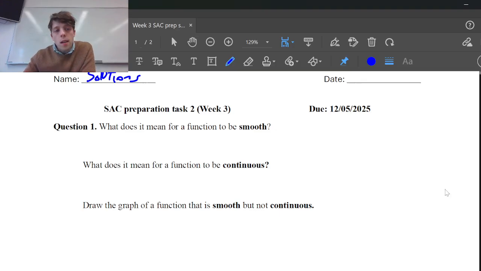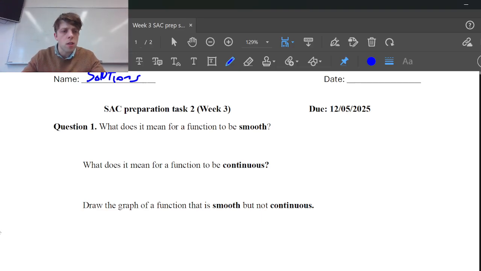I'm actually going to start with the second part here. So what exactly does it mean for a function to be continuous? Well, we can say that the definition is something along the lines of we can draw the function without lifting our pen off of the page, or we could say that the function does not have any points of discontinuity across its domain. So I'm just going to write that kind of definition.